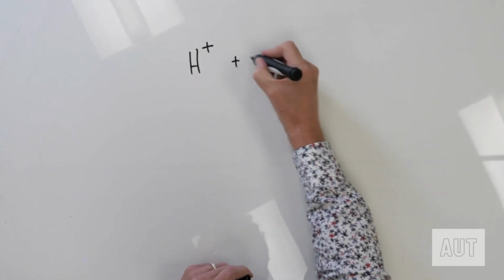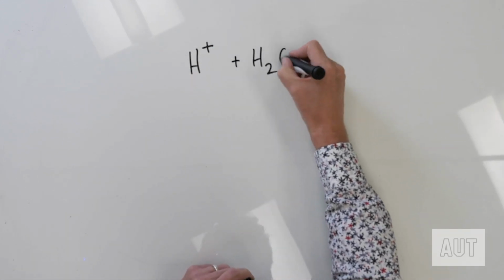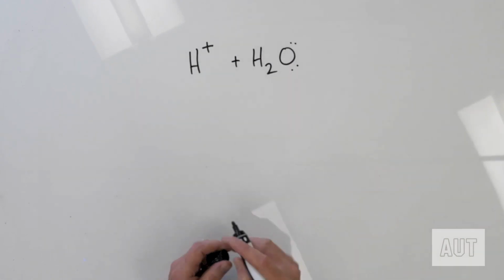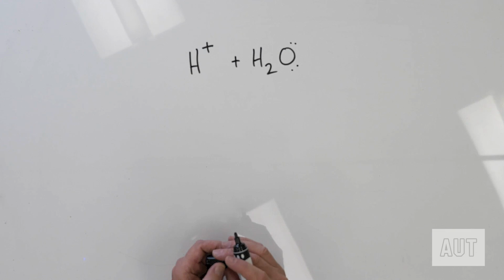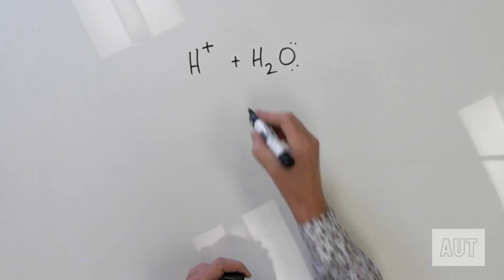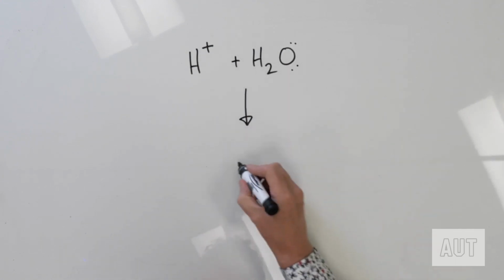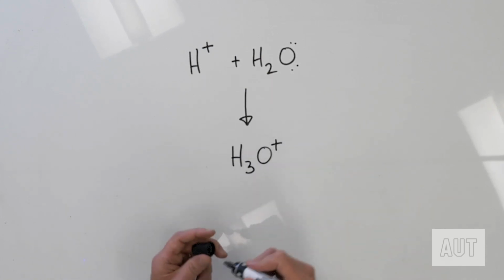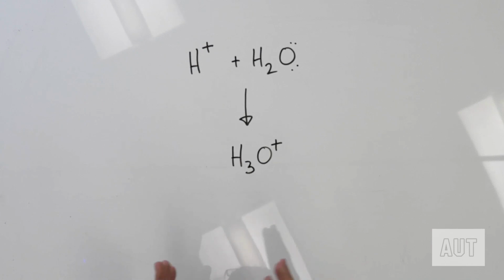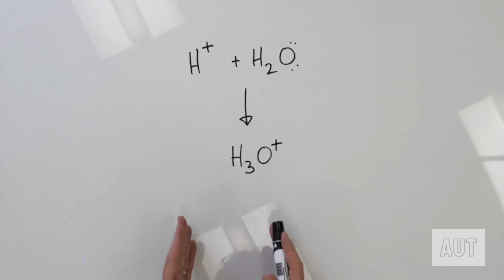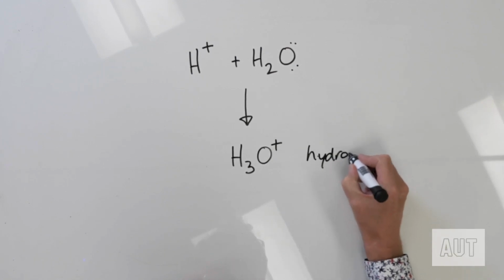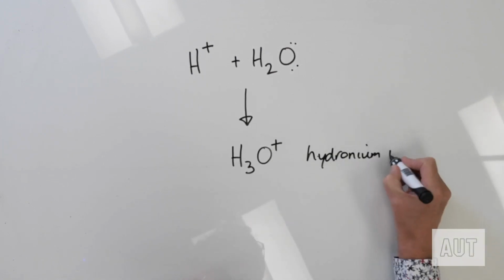The reason is that the free proton is incredibly polarizing, and it is going to accept any electron density that it can get hold of. And so instead of talking about H+ in water, we must really talk about H3O+, and this is a thing called the hydronium ion.